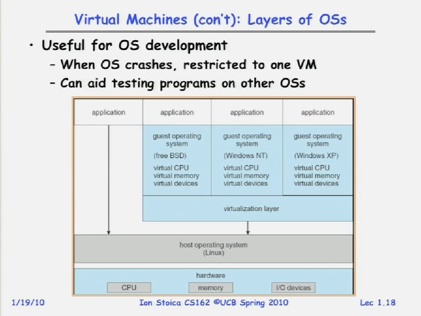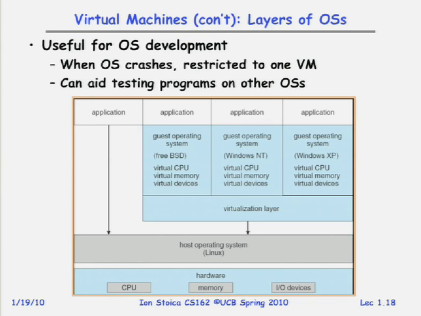Okay? So this is just an example, to put more detail into what I said. Here it's an example in which you have a Linux operating system over the hardware, and above the Linux you have a virtualization layer, like VMware, provided by VMware. How many of you have used or are using VMware?